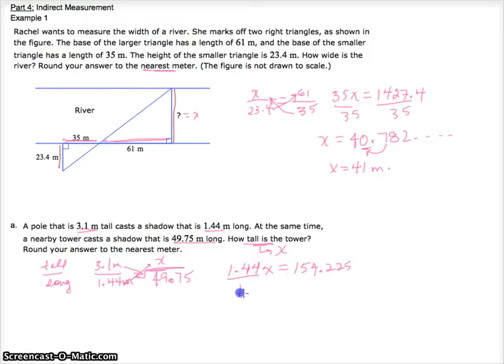Next, I just want to divide by 1.44 on both sides. And x is going to give me 107.1006, and so on and so forth. I want to round to the nearest meter, so that's going to just say x is equal to 107 meters.